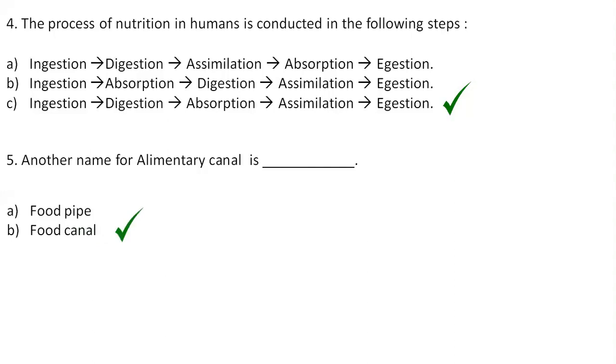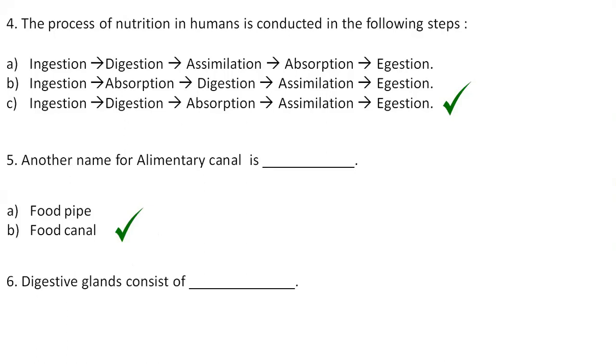So over here, food canal, alimentary canal, gastrointestinal tract or else digestive tract, it is one and the same thing. It means it is a long, muscular and coiled tube which starts from the mouth and ends at the anus. Food pipe is another name for esophagus.